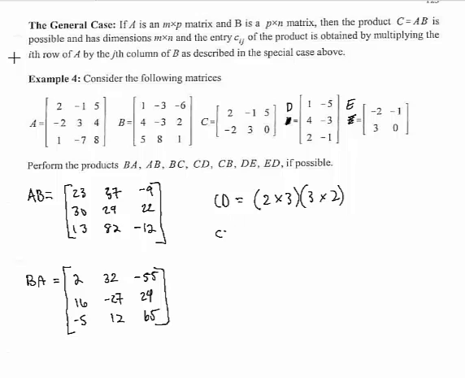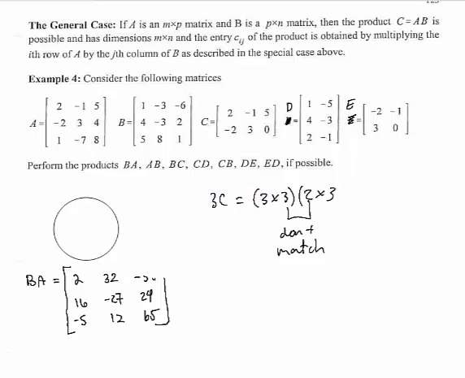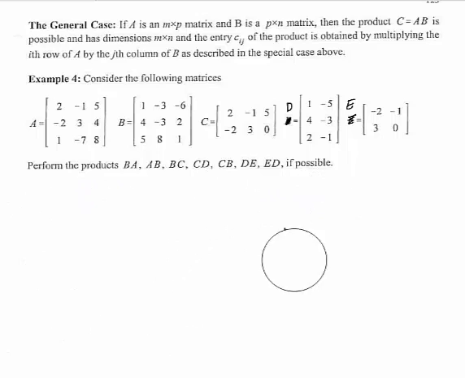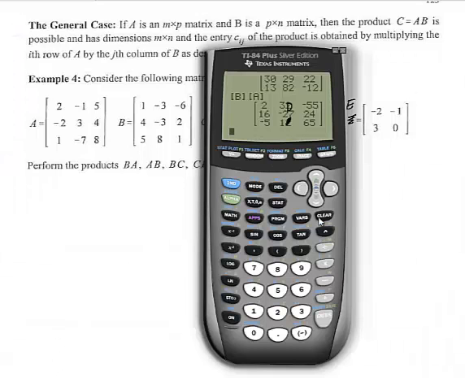Oh, I skipped one. One of the products that did not exist was BC, so we had 3 by 3, and then C is a 2 by 3, and so these don't match. Alright, so let's see what the calculator does when we try to make it multiply B times C. Clear.